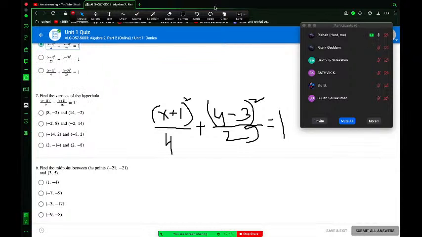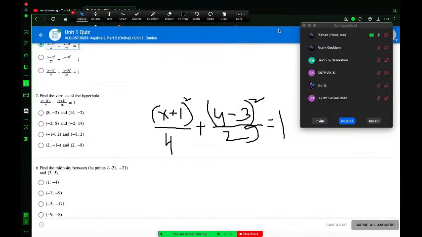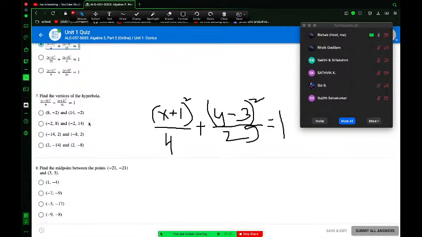Find the vertices of the hyperbola. So raise your hand if you want to do that one, number 7. Nobody wants to do it? Fine, then I'll have to call on one of you. I think my brother wants to do it.